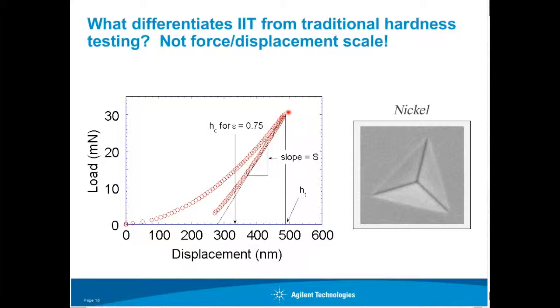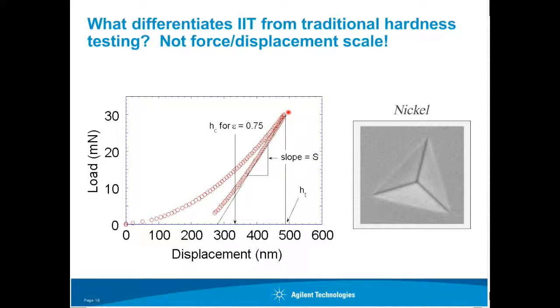Rockwell and Brinell use a slightly different definition of deformation, but still, in a traditional hardness test, it's one force and one displacement. In an instrumented indentation test, force and displacement are continuously monitored for the entire time that the indenter is in contact with the material.